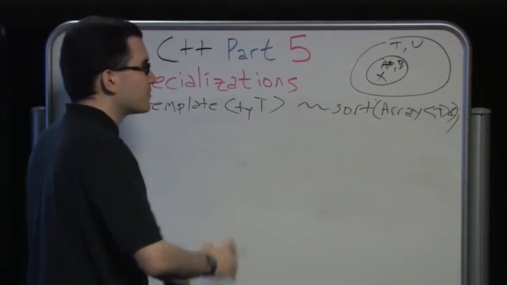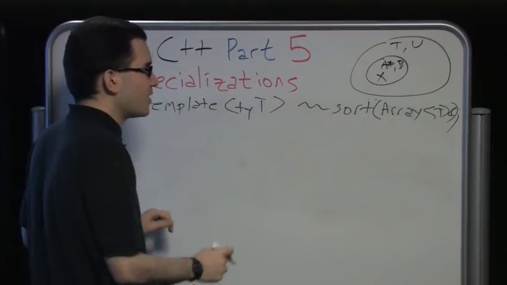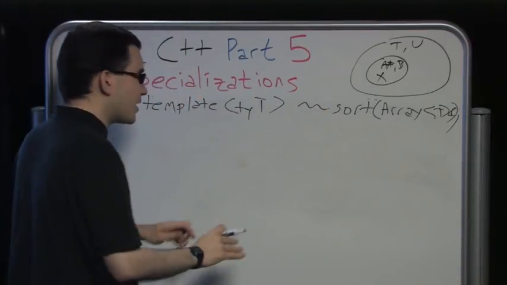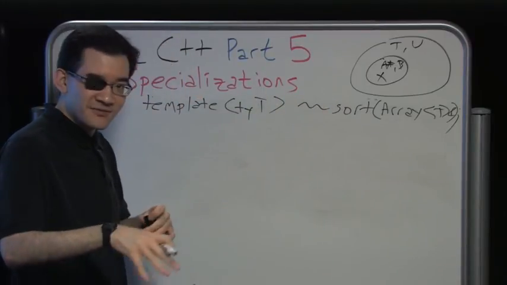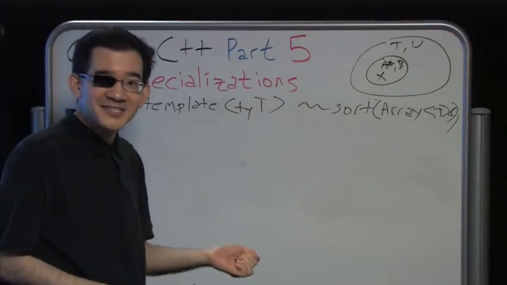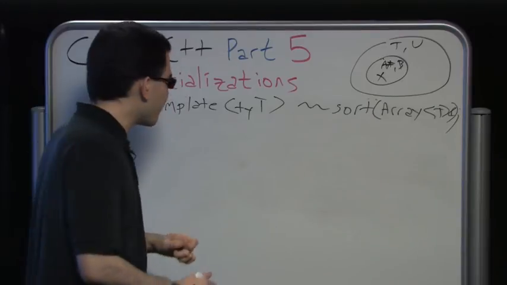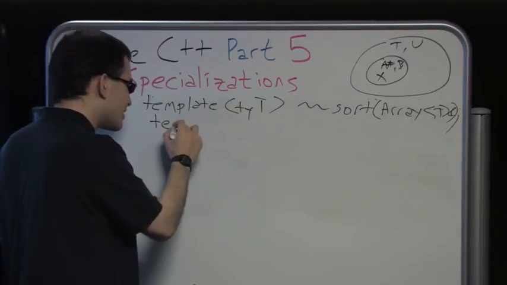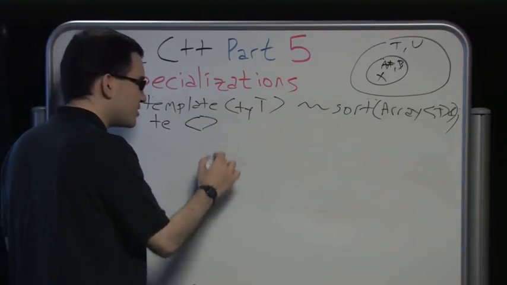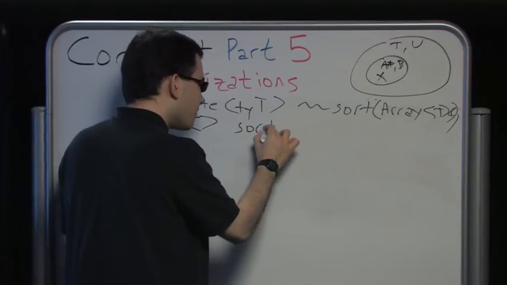In a header file, so this would be sort.h or whatever, I would declare the primary template and not define it yet, because if that definition uses other stuff, that could try to instantiate a specialization that has not yet been declared. Then I would say, okay, I want an explicit specialization, so template, empty diamond, sort of array of string ref.